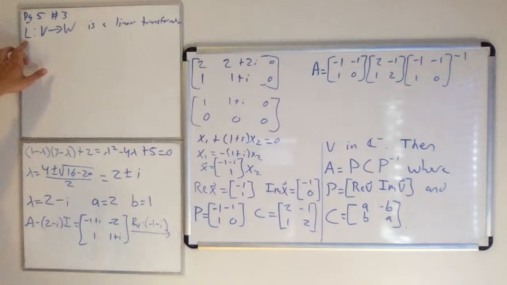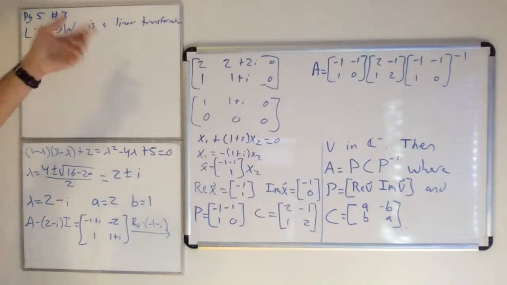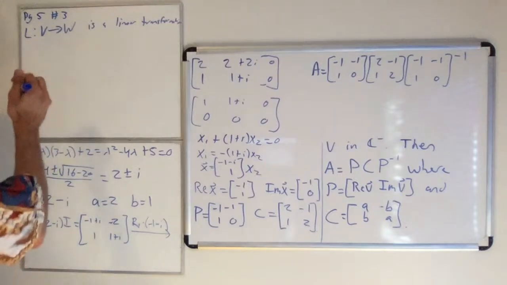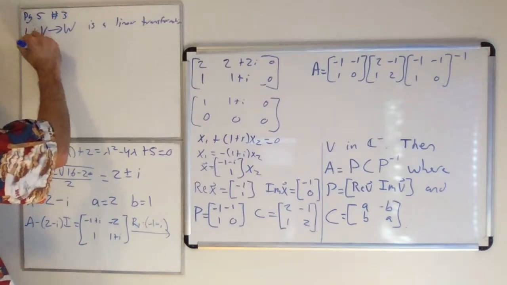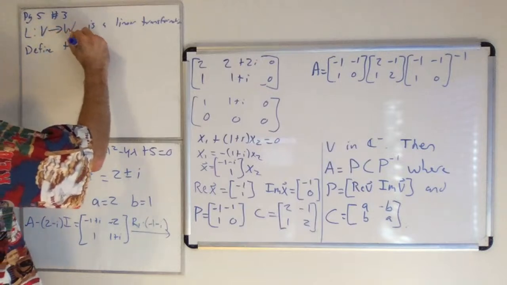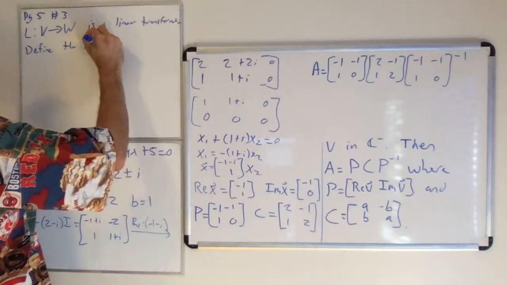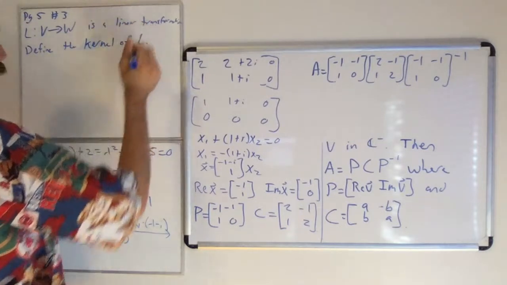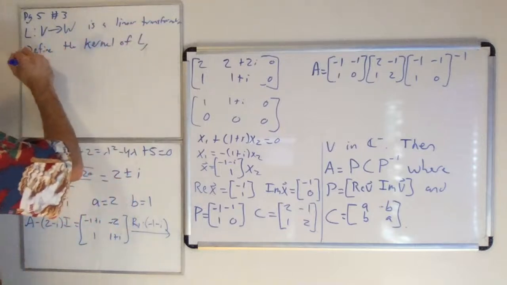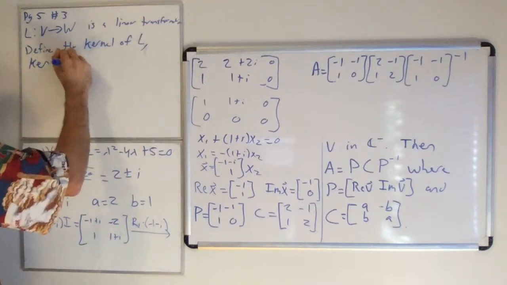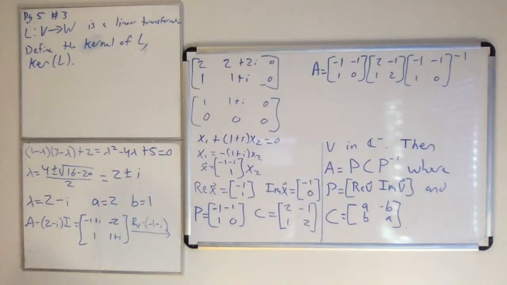We have L. I know we typically use T, but L for linear transformation today is a linear transformation from V to W. And the question is, define the kernel, which we denote by kernel of L. So this is more of, do we know the definition of what the kernel is?